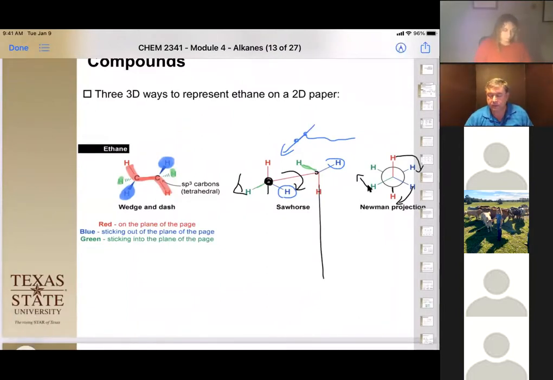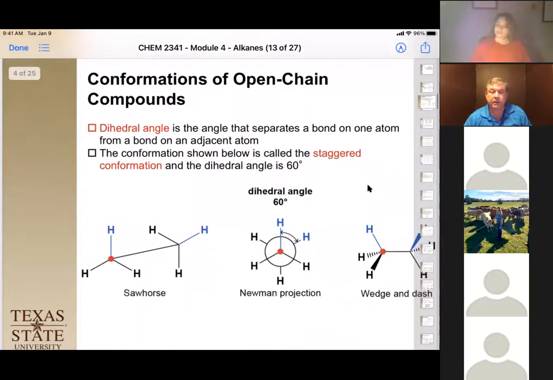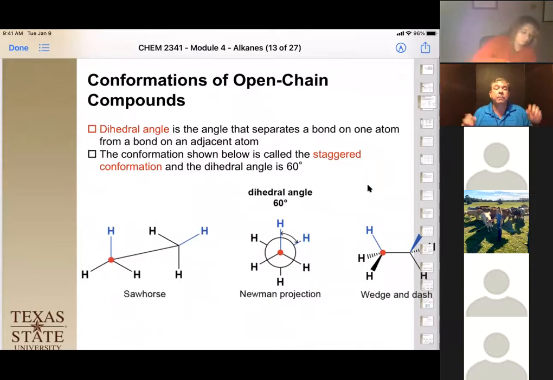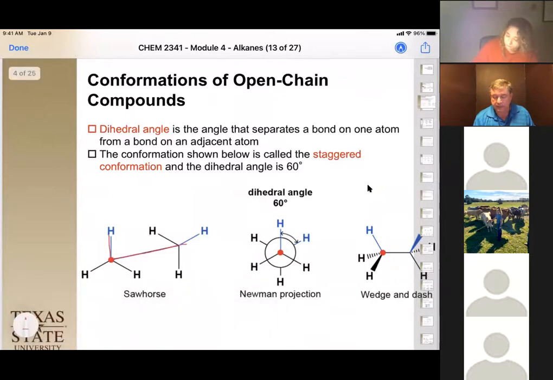Okay, so let's go ahead and talk about some different things. By definition, dihedral angle is the angle between four atoms. So we're looking at a total of four atoms, and in this case, we're going to do this atom and this atom. The dihedral angle is going to be the difference that these two hydrogens have, if we drew this hydrogen here.